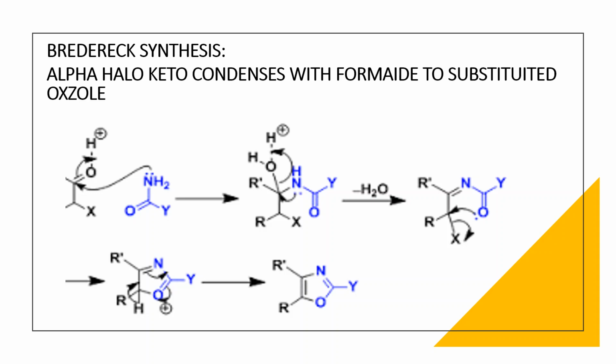In acidic medium, your alpha haloketone gets protonated, the nitrogen lone pair of the amide attacks on the carbonyl carbon, loss of water, you get an unsaturated compound. Again, your oxygen attacks on the alpha halo carbon. There is a loss of the halogen. Then again there is a loss of proton to undergo aromatization, and you get a substituted oxazole. So this is Bredereck's synthesis of oxazole.